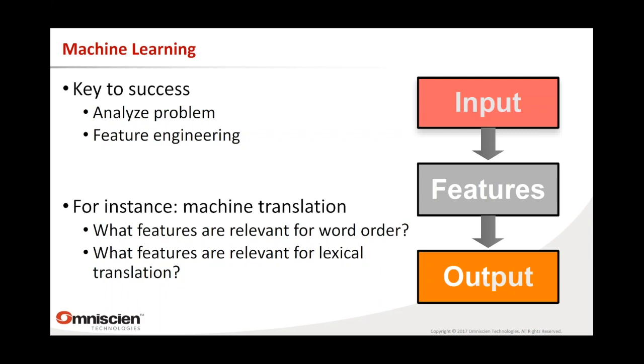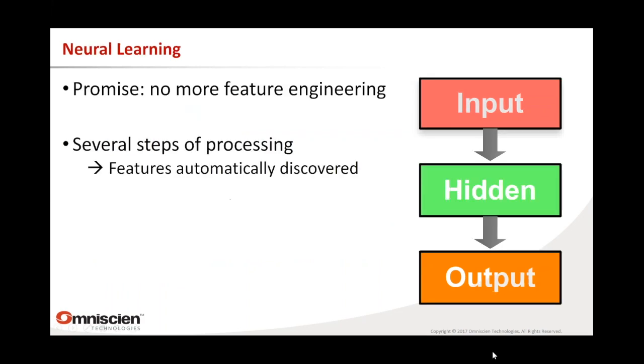Noun phrases, prepositional phrases, all these things might be useful to determine how to reorder when you translate from one language to the other. Or what features are relevant for lexical translation. That might be, of course, really much based on the dictionary, but we also know that words in a narrow context or domain are relevant to figure out what the correct translation for a word is in a given context. Next slide.